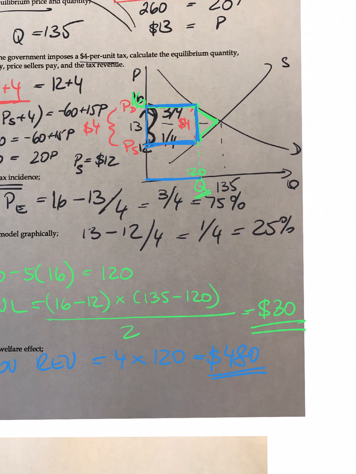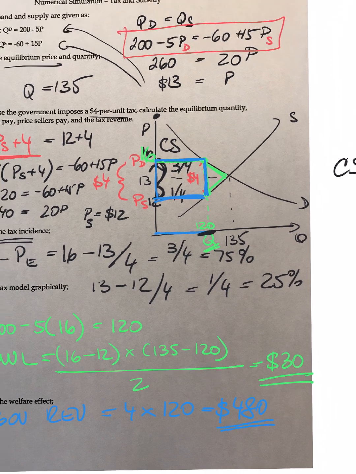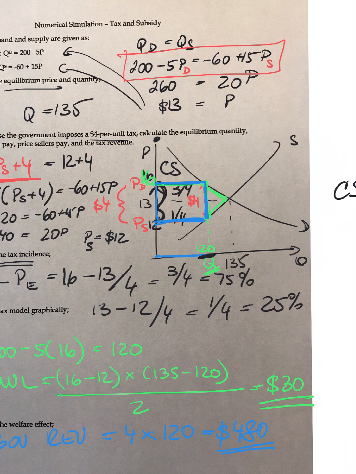Where is my consumer surplus? Consumer surplus is going to be up here, above the $16 price, up to the 120, but I need to know what my intercept is. Now we know that's the demand curve when quantity is 0. So if I look at quantity demanded equals 0, 200 minus 5p, I'm going to move, 5p equals 200.